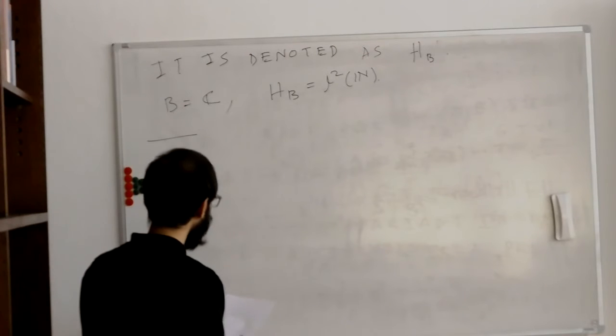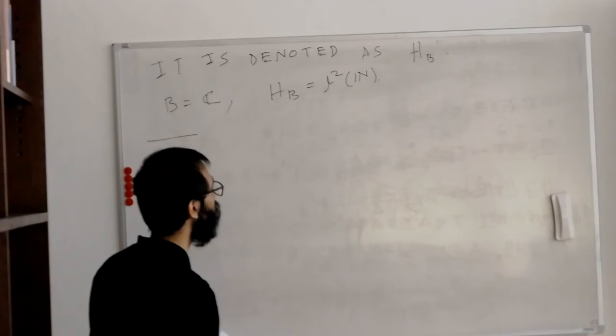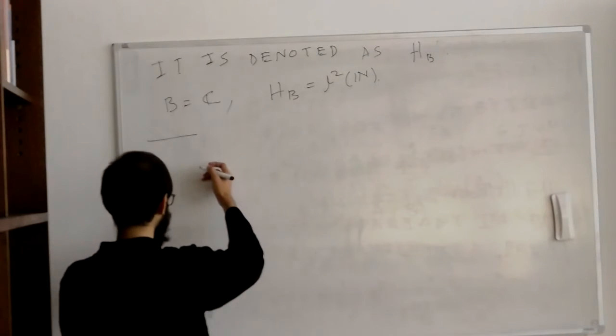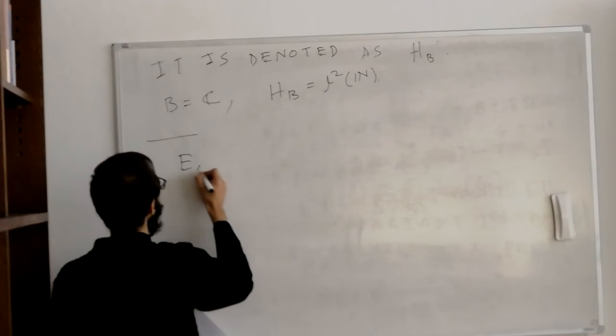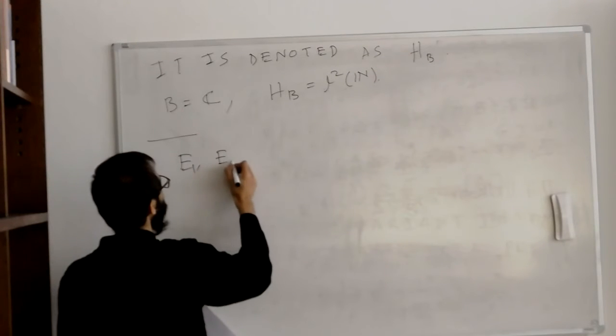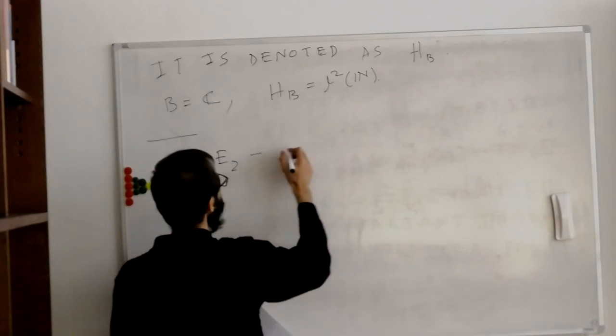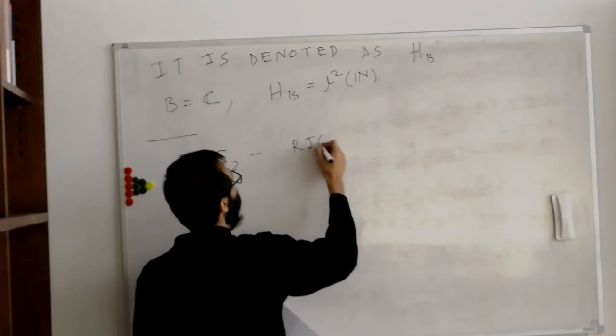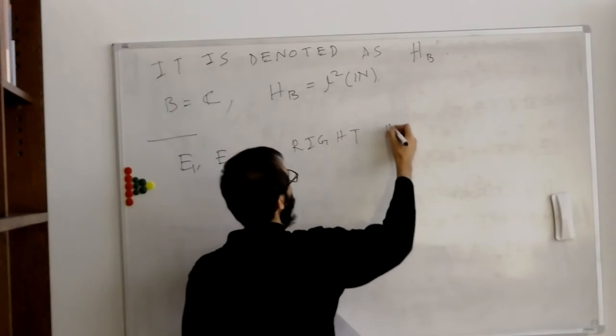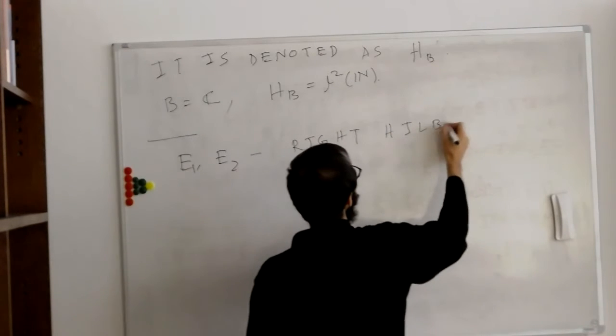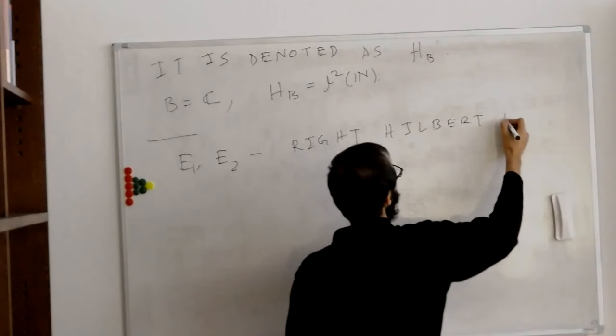Now that we know what a Hilbert module is, the admissible maps are as follows. You want E1 and E2 to be Hilbert B-modules.